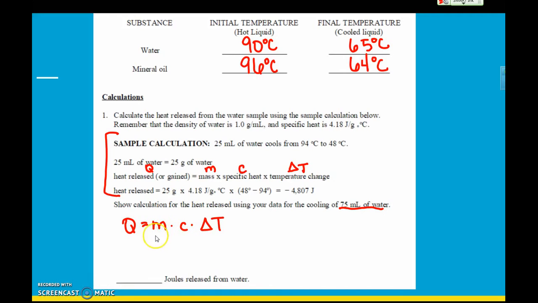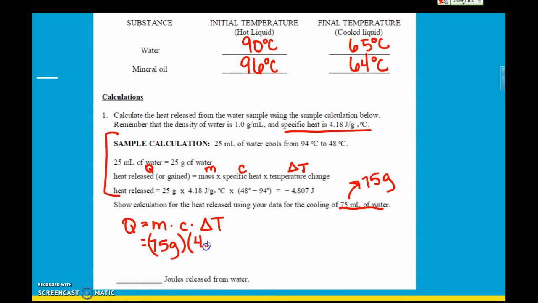So the mass of the water, well, we know it was 75 milliliters. What we've learned about the density of water means it's also 75 grams. So we're going to plug in 75 grams for M. C is that specific heat capacity. It is given up here.